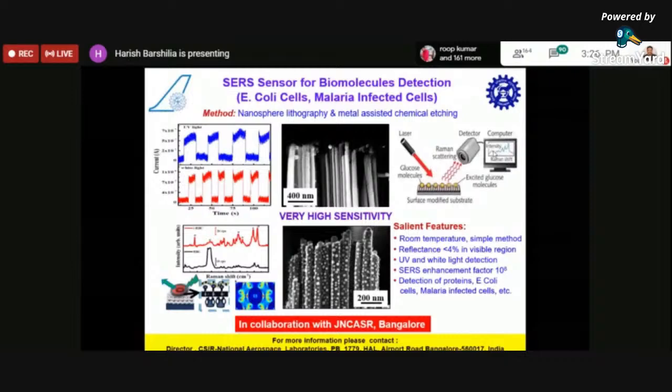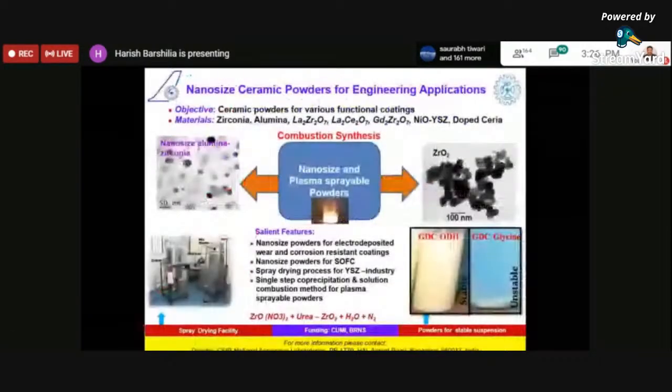This technique can be used with very high sensitivity; even one molecule of this particular cell can be detected by this sensor. We have been doing this work in collaboration with our academic partner at JNCASR in Bangalore itself, and the sensor is ready for various applications.